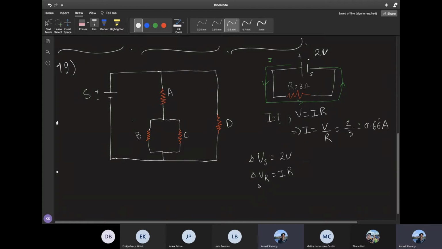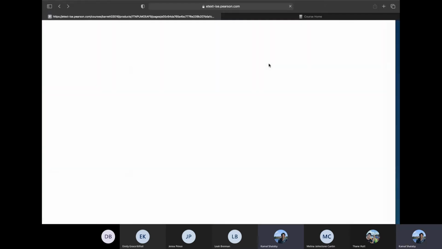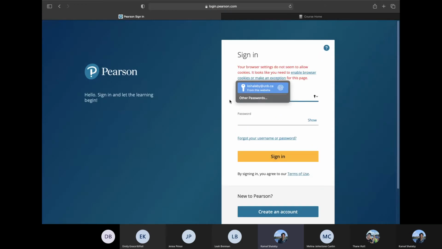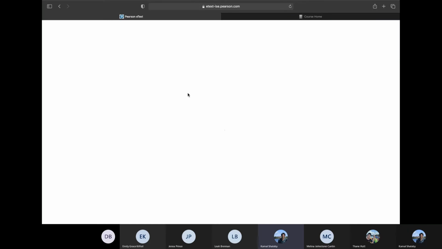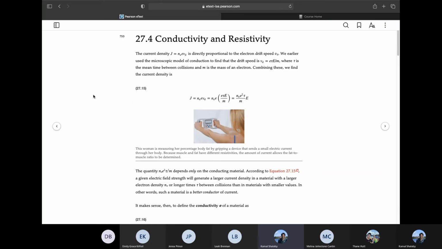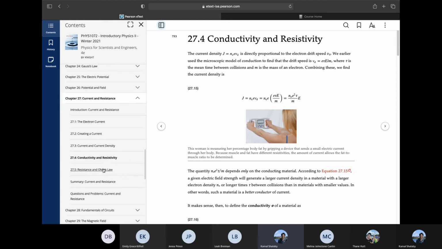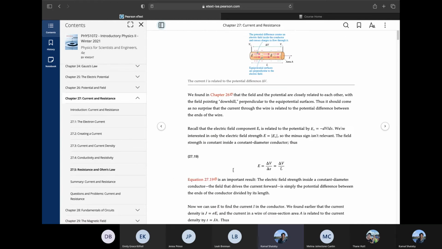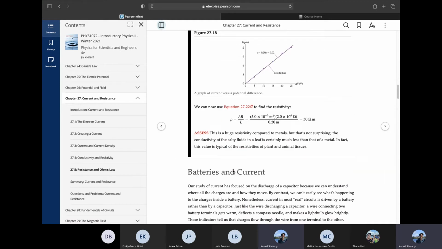Then Kirchhoff's law says, I just want to say it more correctly, I don't want to butcher it for you guys.